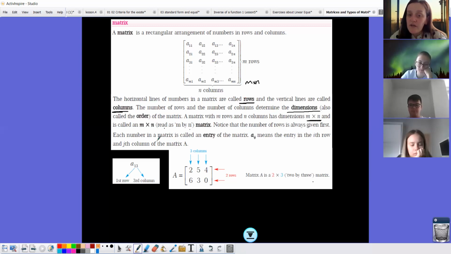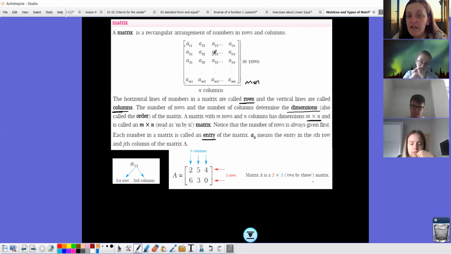Each number in a matrix is called an entry. So A11 is an entry. Here, look, Aij means the entry in the ith row and jth column. What does it mean? A11 is first row, first column.